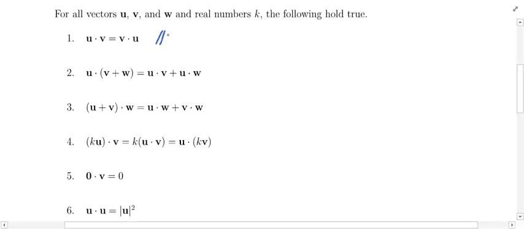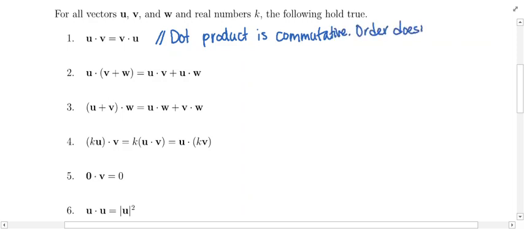What this means is the dot product is commutative. Order doesn't matter. So that's the first thing to know.